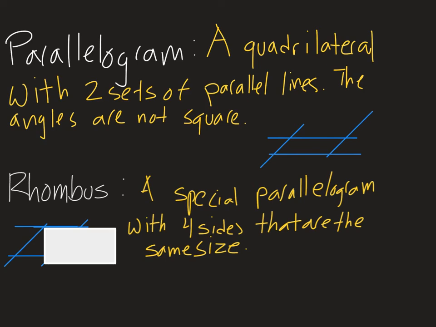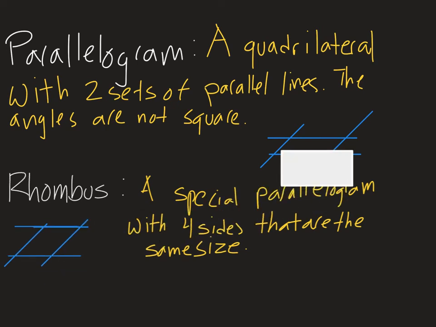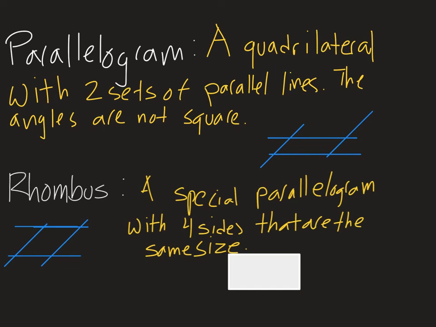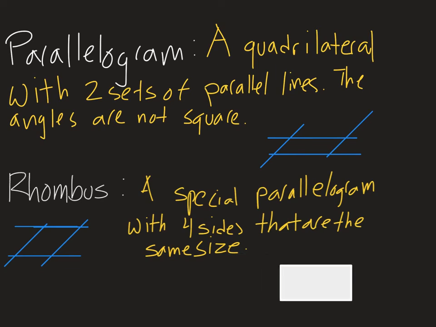And if we try doing that with one of these small angles too, you can see here that it spills out over that blue line. So that's how we know a parallelogram is different from a square or a rectangle. The corners are not square. They don't match up. So now let's take a look at another shape.